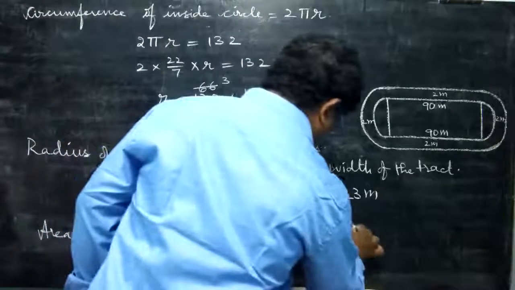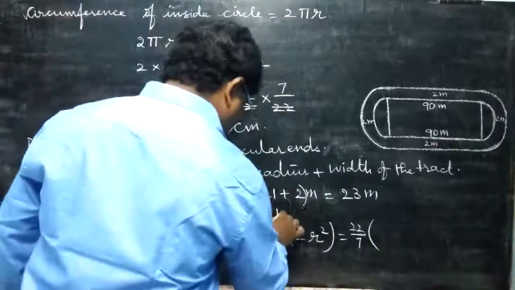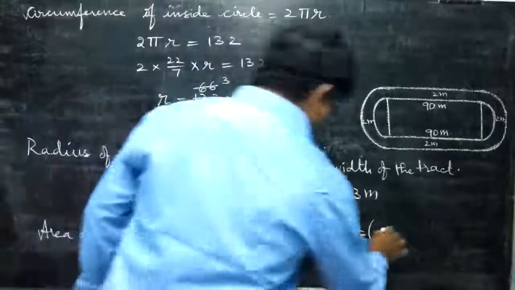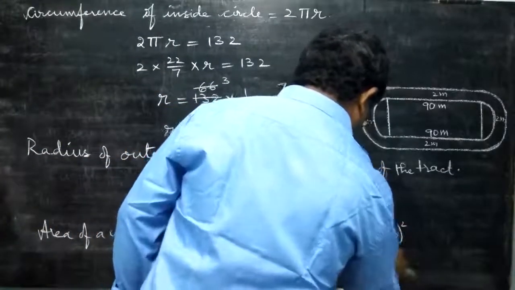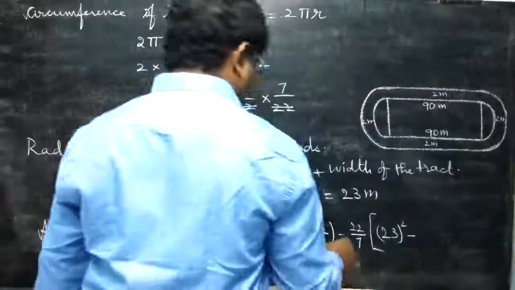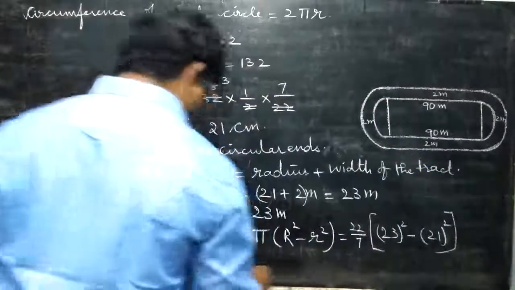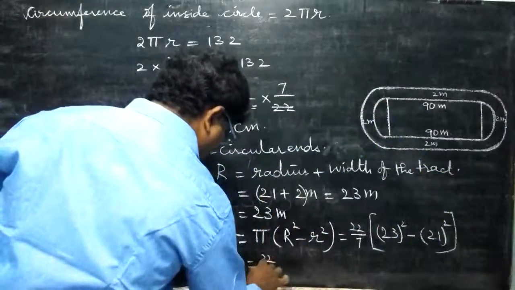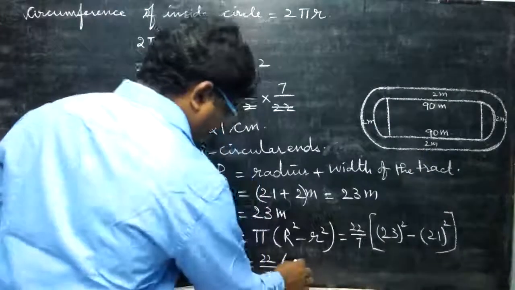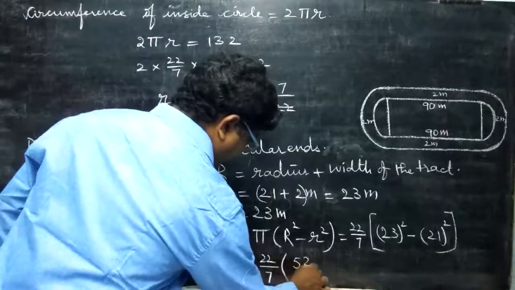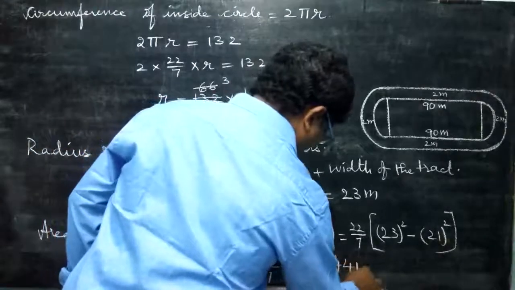Pi means 22 by 7 into, capital R we got as 23 meters, so 23 whole square, keep a square bracket, minus small r is 21, 21 whole square. That is equal to 22 by 7 into 23 squared is 529 minus 21 squared is 441.